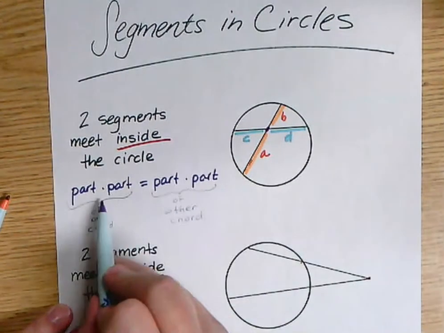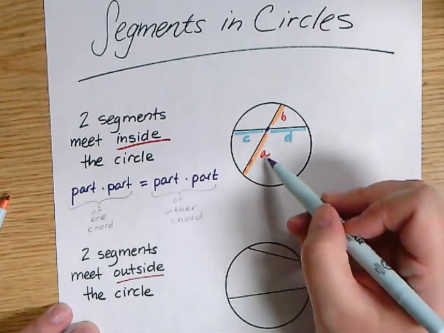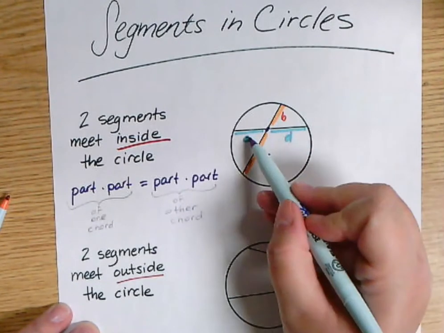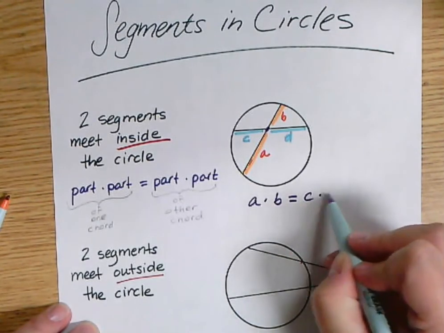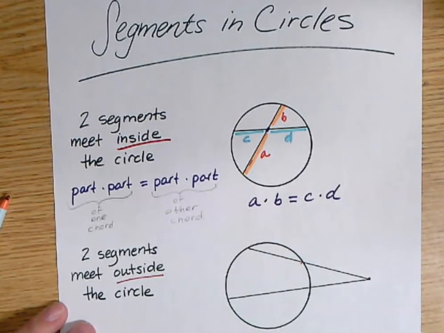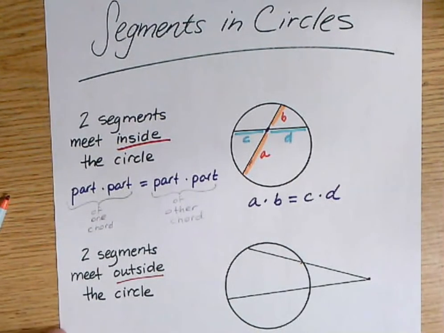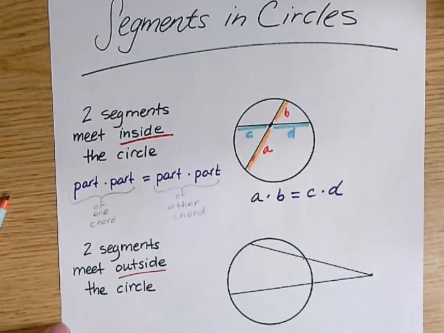What I'm saying is that A times B has to equal C times D. And really, this is just another way of saying the parts of these segments are proportional.